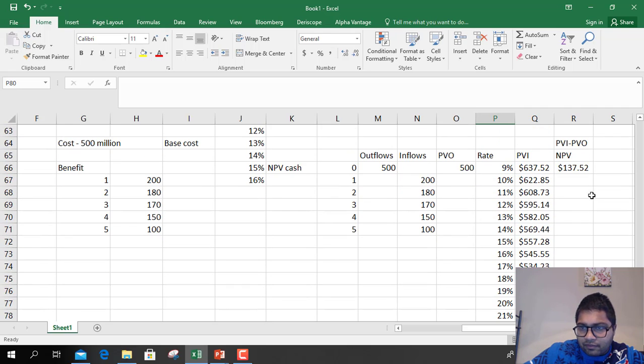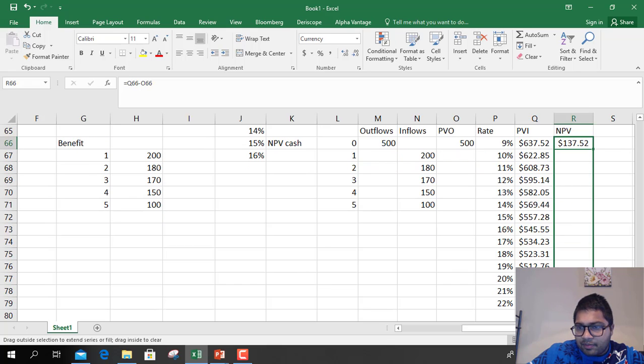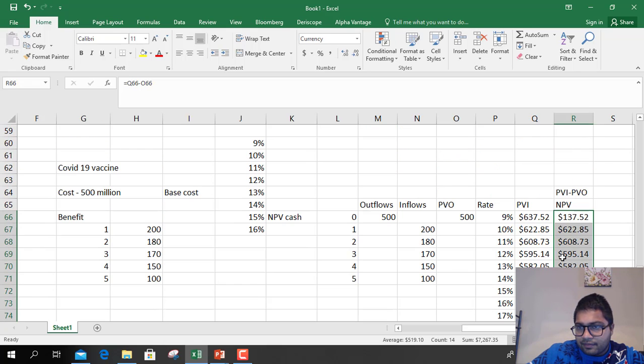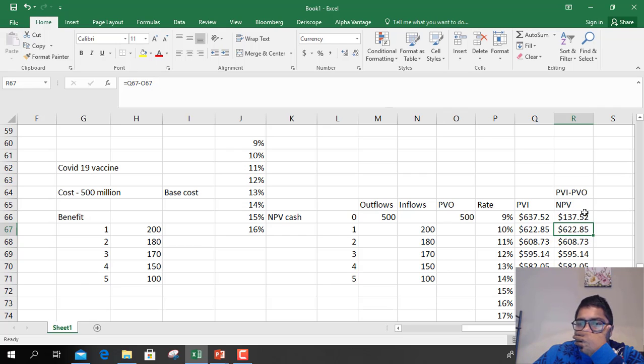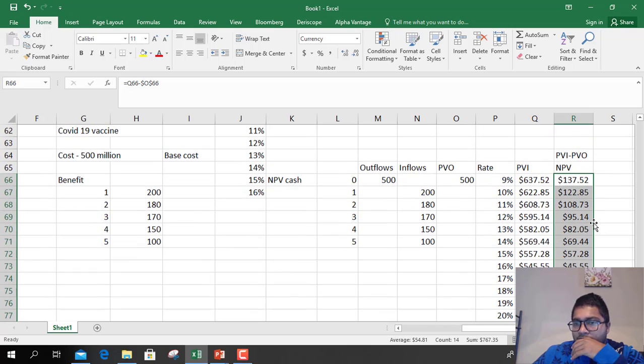Okay, and then we calculate NPV, inflows minus outflows. So this is your NPV profile. So you have to make it constant, inflows minus outflows, and then drag it. So this is your NPV profile.